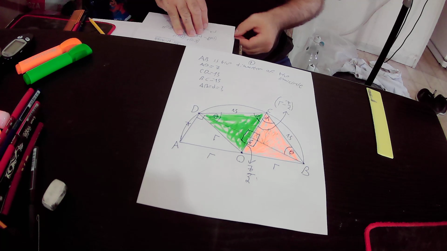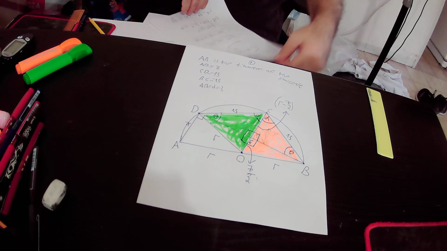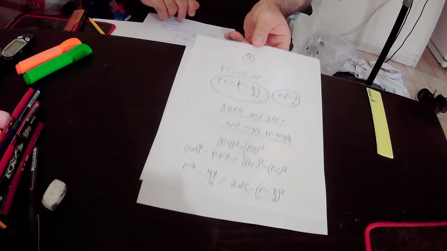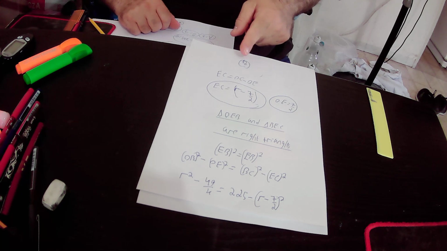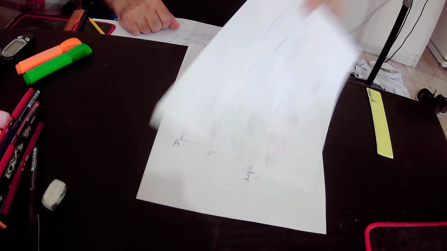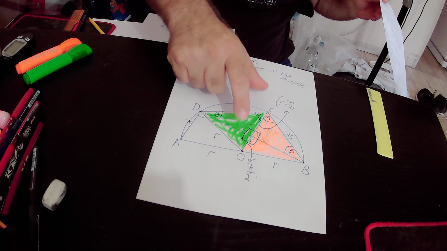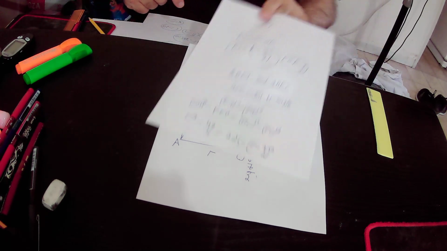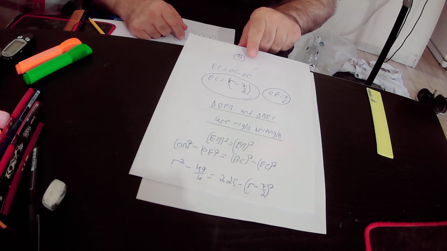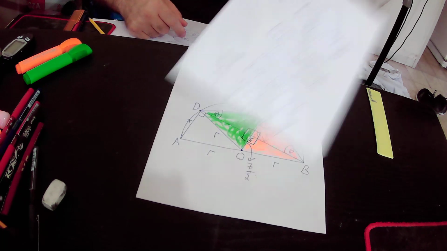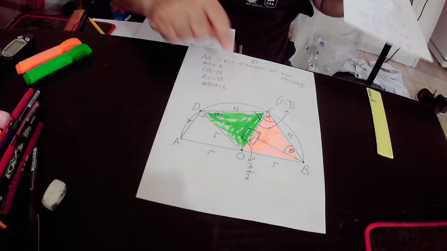EC equals OC minus OE, but OC is the radius of the semicircle, and we have already found out that OE equals 7 over 2.